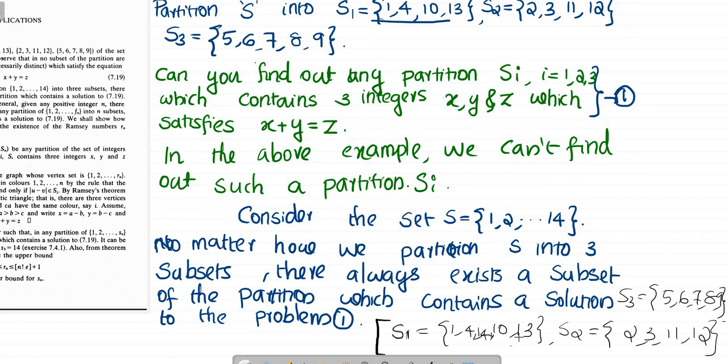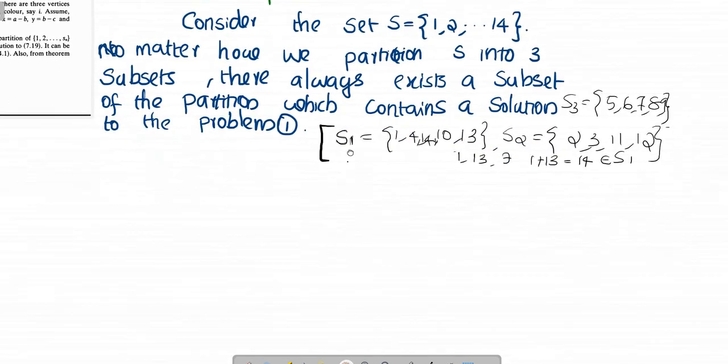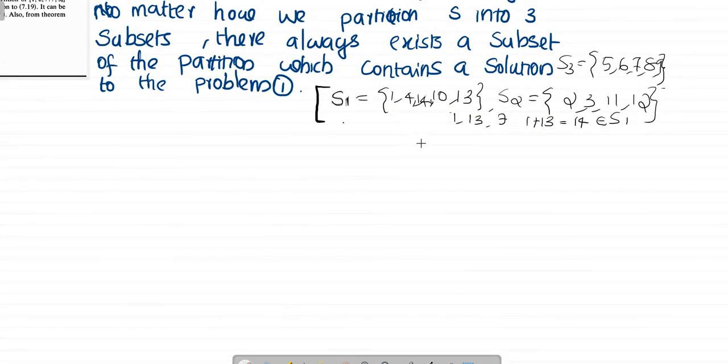Here 1 plus 13 is 14, so we can find x equal to 1 and y equal to 13 such that x plus y equal to 14, that is z, belongs to S1.